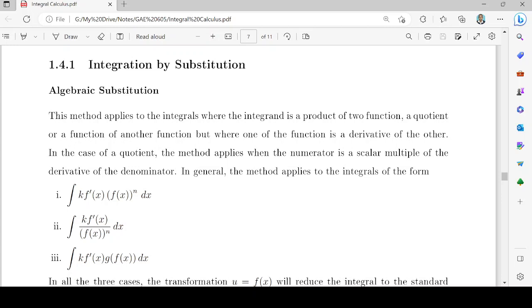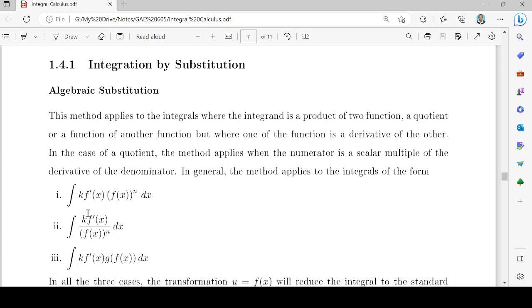So in general, this method will apply to integrals that take the form of a product, where one of the functions appearing in the integral is a derivative of the other. So we have k, a constant, times f prime of x multiplying f of x. f of x may be raised to some power n.